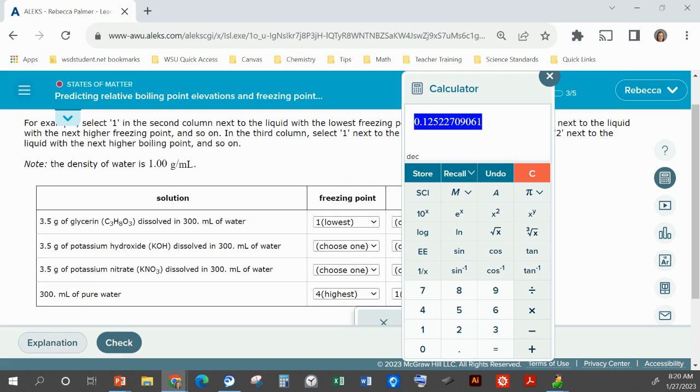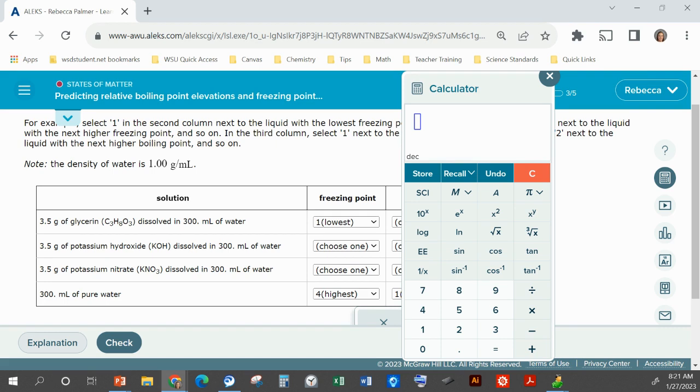All right, so let's go ahead and do the next one. So we have 3.5 grams of KOH. Again, we're going to divide by the molar mass for 1 mole.